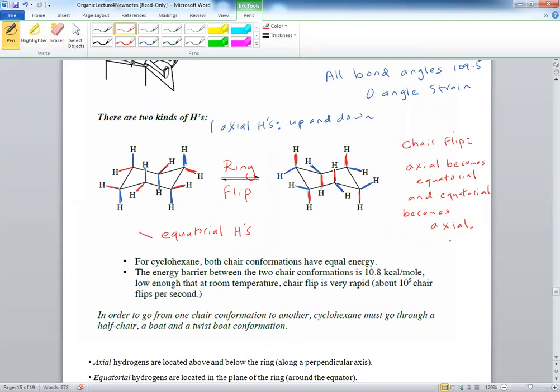So this is very critical to remember. Axial becomes equatorial, and equatorial becomes axial.